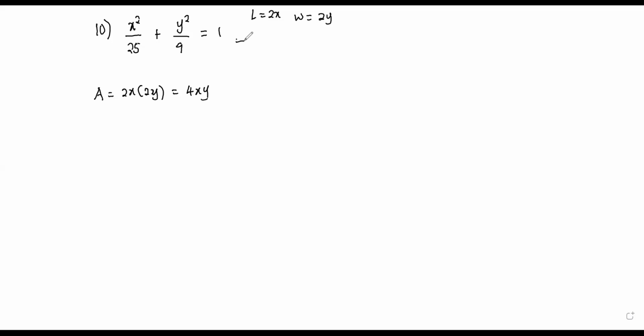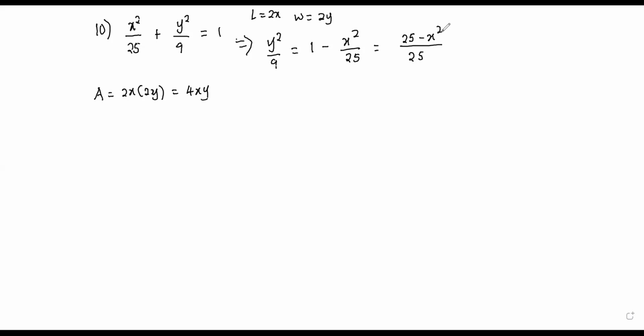So if we go back and solve for y, we would say y squared over 9 is equal to 1 minus x squared over 25. And this is going to look like 25 minus x squared over 25.